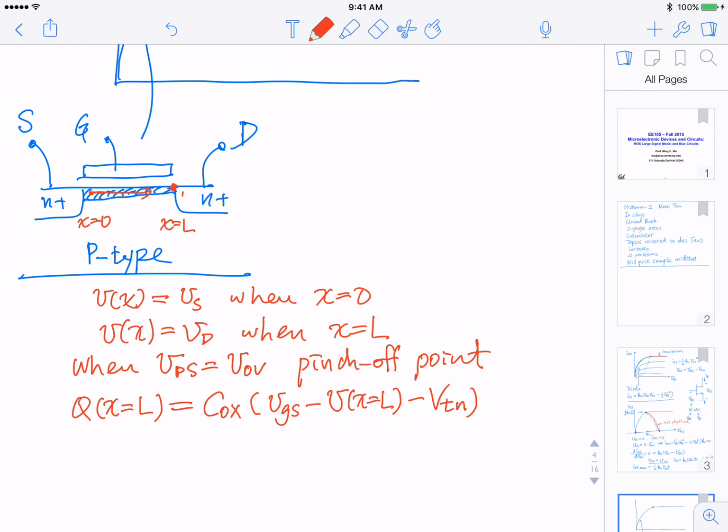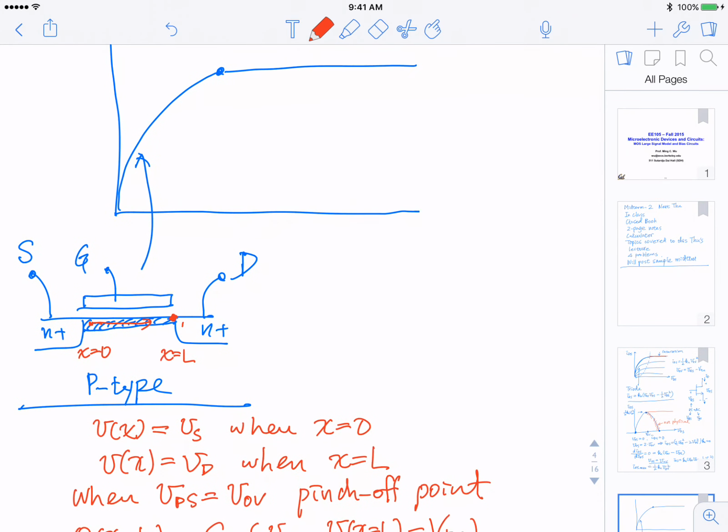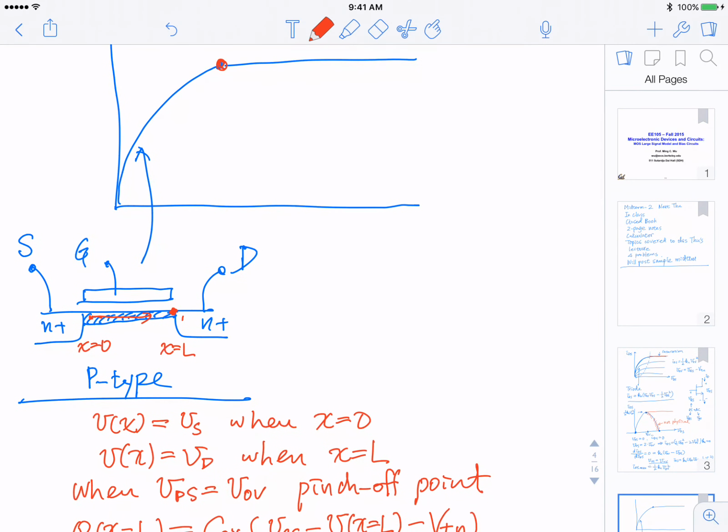So that's the excess inversion layer charge. If this is equal to V overdrive, then the charge here becomes 0. So at this point, the charge becomes 0. Okay.